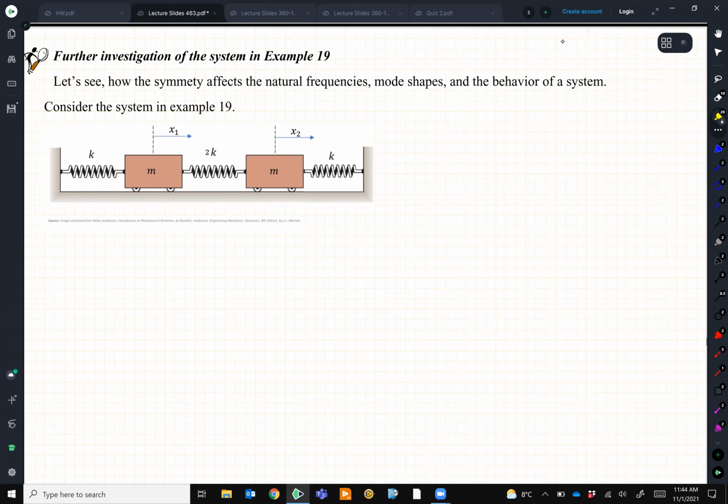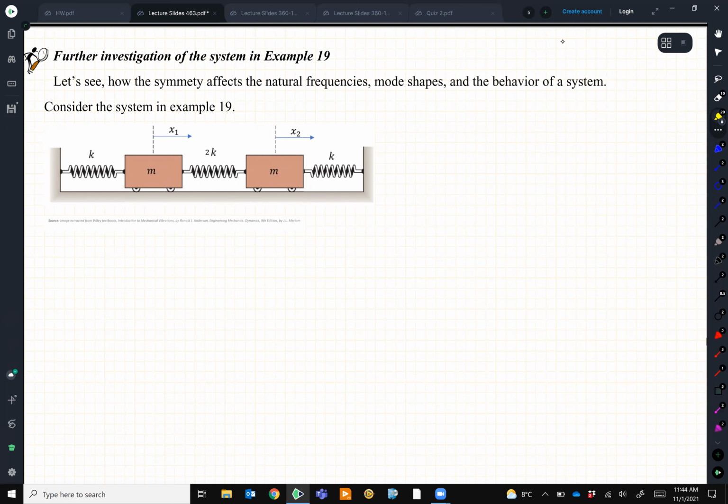Do you agree that it is possible that these two masses move to the left and right together? And since they are exactly the same, there is no difference between the left one and the right one, so if they move left and right, they're going to move the same amount.